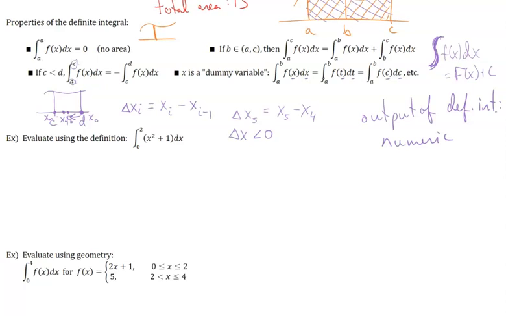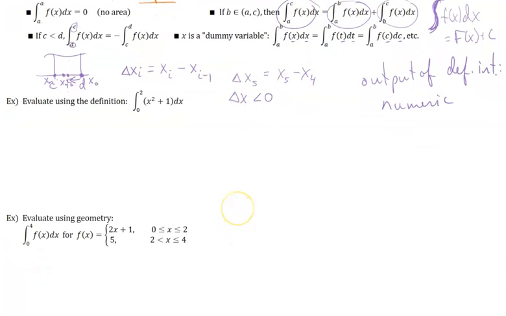So if we're evaluating a definite integral, like this one asks us to do, we're either going to be using the definition, which is what we're going to do on this one, or we're going to be using some properties, like if it tells us that this is equal to 8 and this is equal to 3, and we want to find this, well, we're just going to do 8 minus 3 and get a 5 there. Or we're going to use geometry, which I'll do in the last example.